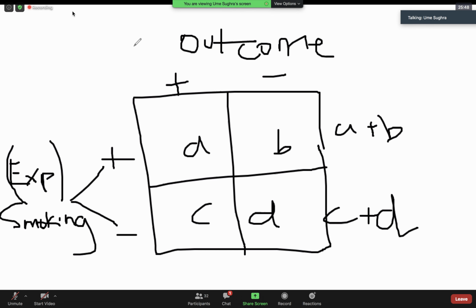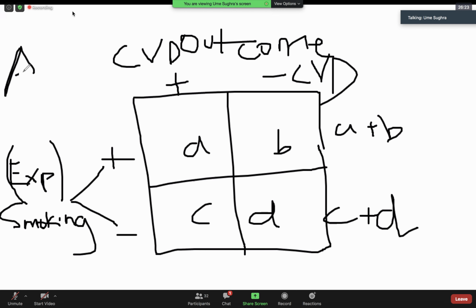And outcome you can always take as CA lung, this might be cardiovascular diseases, smokers who develop cardiovascular diseases and those who do not develop, arthritis, CA esophagus, any outcome that you are interested to study. Till the time we have not established association, we cannot say that this thing is better as compared to this, or this thing is responsible for causing this particular disease.